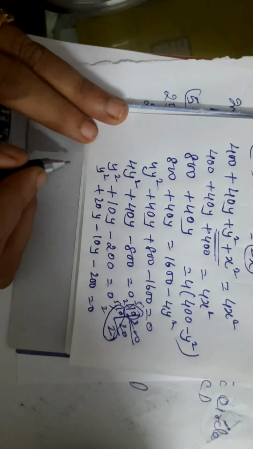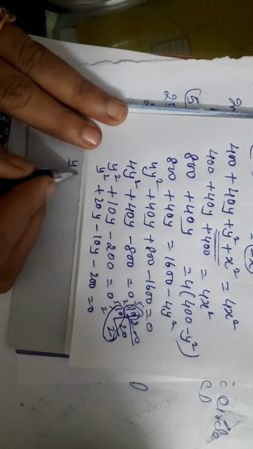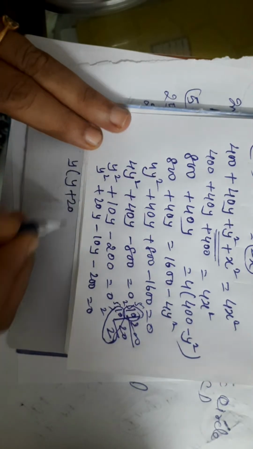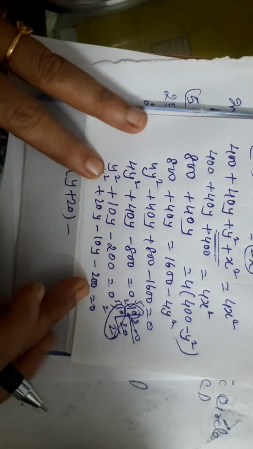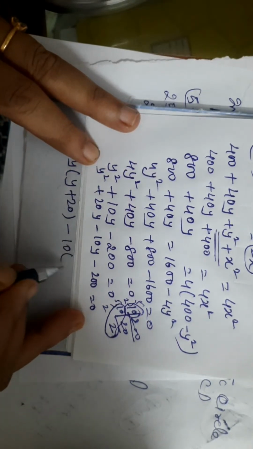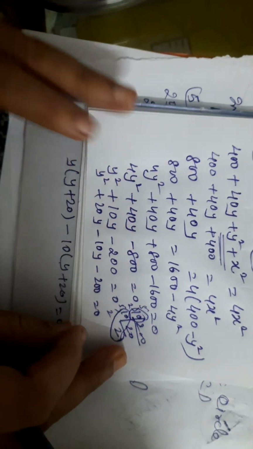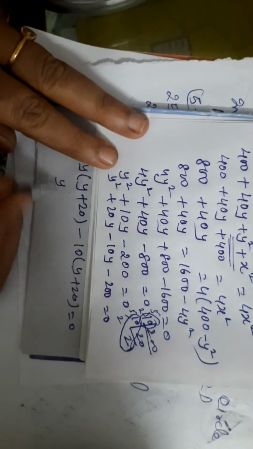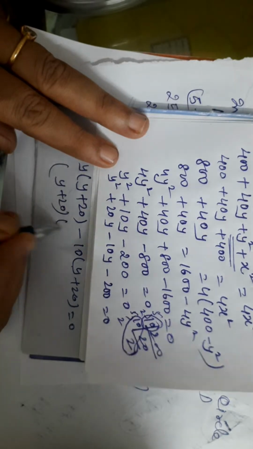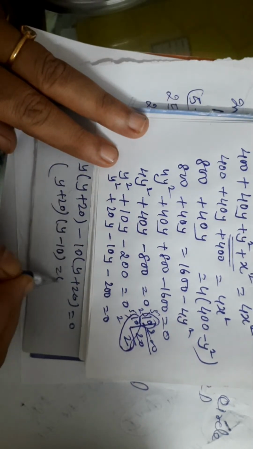Now y can be taken common. So here y we are taking common, y plus 20, and here minus 10 will be taken common, minus 10 into y plus 20 is equal to 0. Now y plus 20 and y minus 10 is equal to 0.